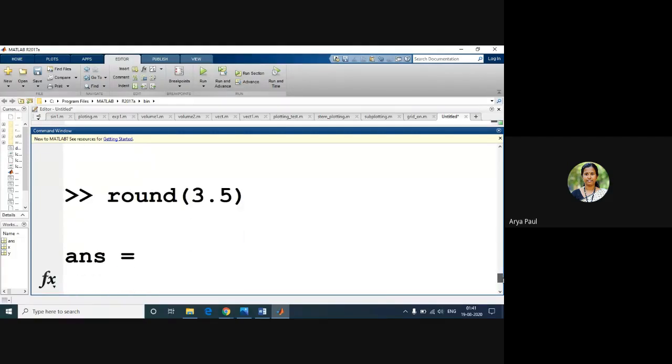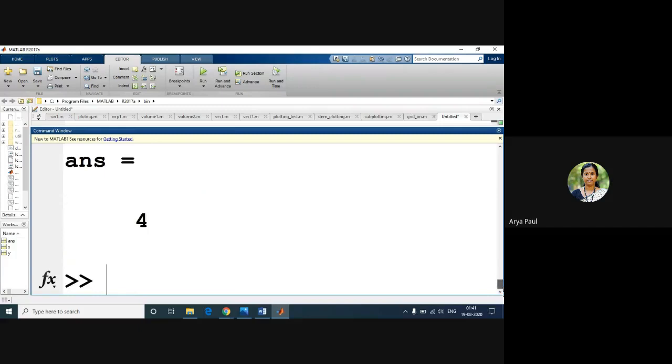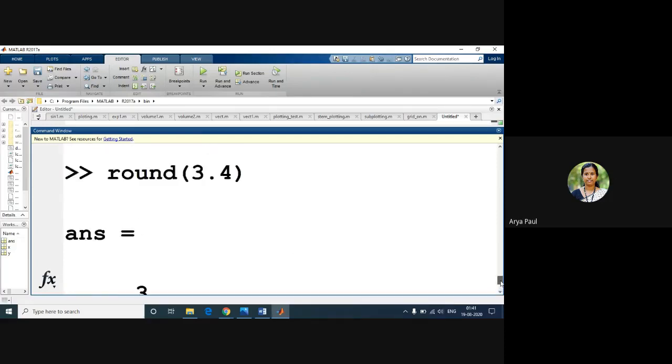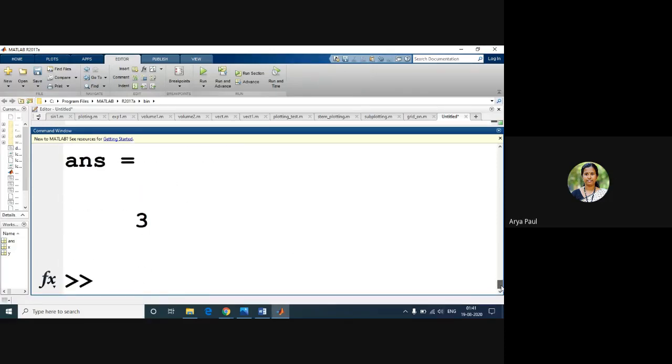Then round of 3.6 will be 4. Round of 3.4 will be 3. Is it clear, students?